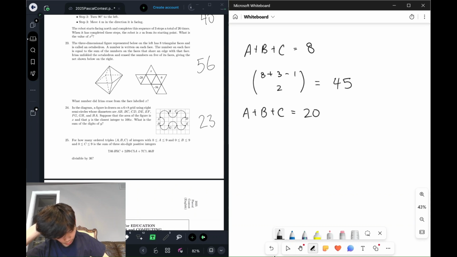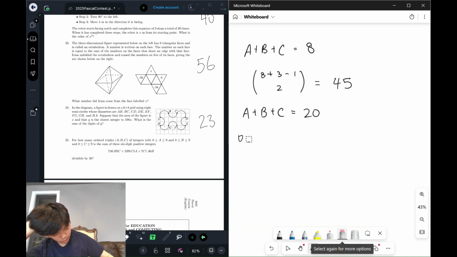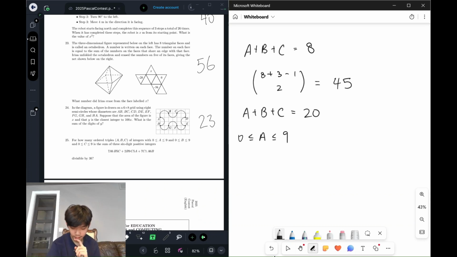Well, what we can do is, since A, B, and C are between 0 and 9 inclusive, this means that 10 minus A is going to be between 1 and 10.